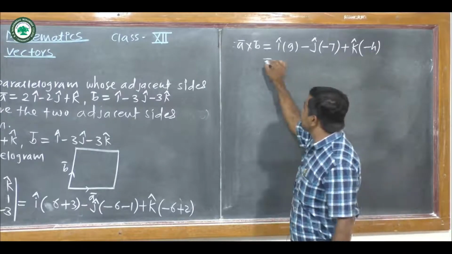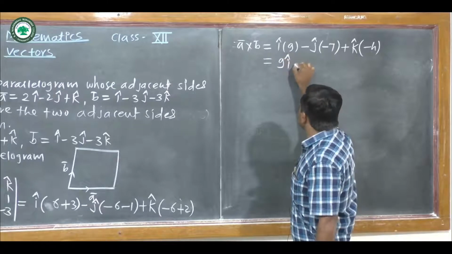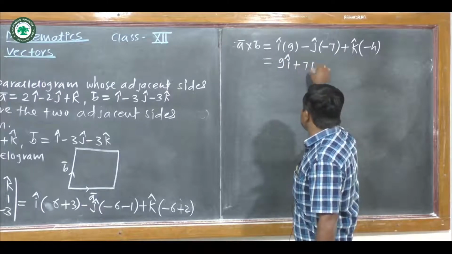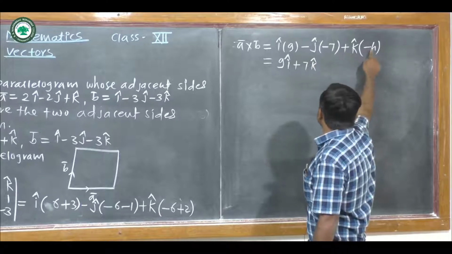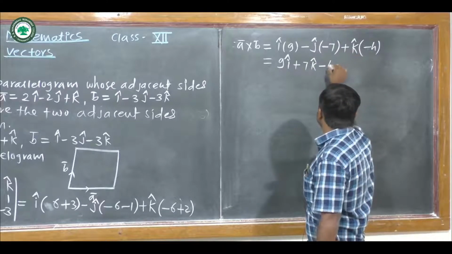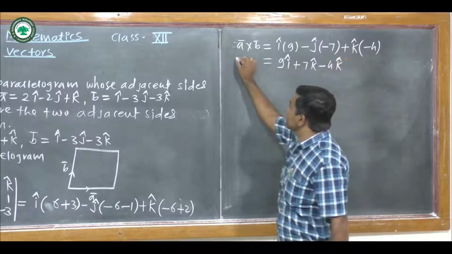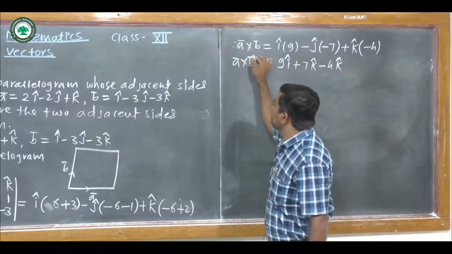So finally it is 9 i cap minus minus becomes plus 7 j cap plus, and this minus becomes minus 4 k cap. Now this is a bar cross b bar.